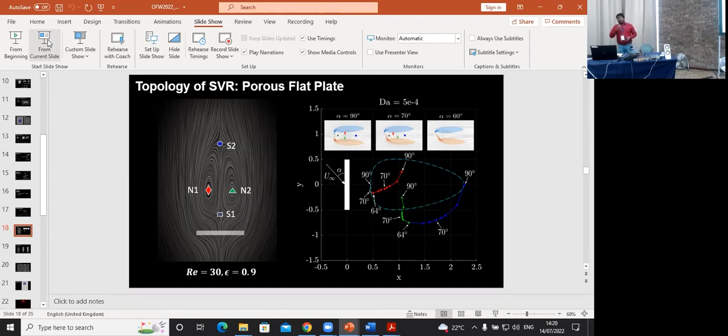And as we increase the angle of attack for a particular Darcy number, at a higher angle of attack these node and saddle point pairs merge with each other, and finally they result in a tortuous kind of streamline pattern where we do not get any core of this vortex ring.